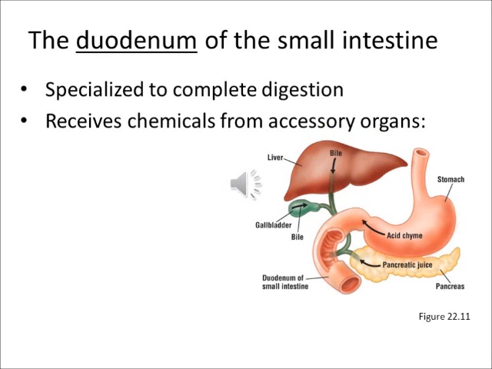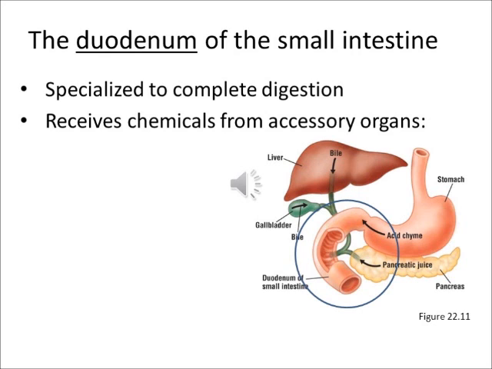Let's talk very specifically about these accessory organs. First, the pancreas and the liver are multifunctional. That means that even though they have digestive functions, they have other functions in the body as well. Here we're just going to talk about their digestive functions. So the duodenum receives chyme from the stomach. Remember that chyme is very acidic, which could be damaging to the rest of the digestive system.